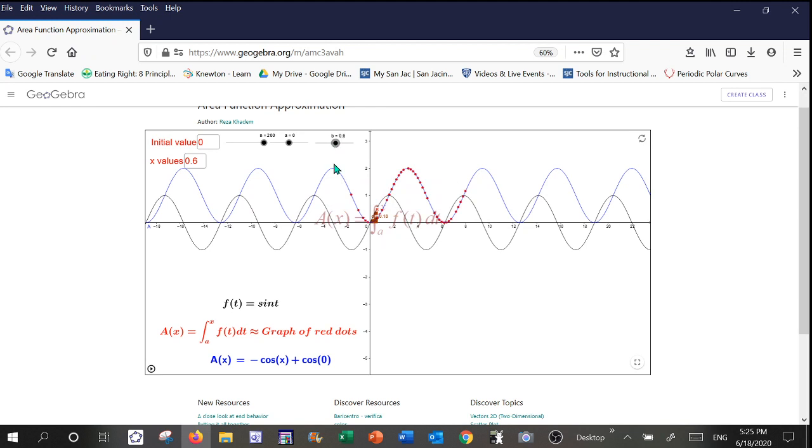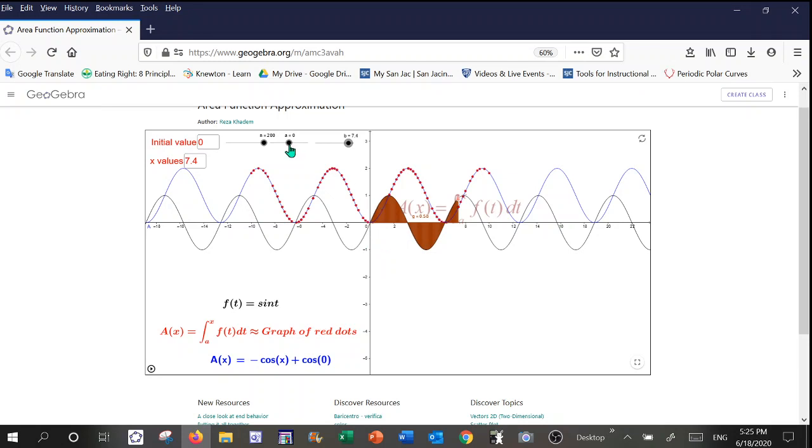What is cosine 0? Cosine 0 is 1. So that means the antiderivative, the red one created by the red dots, is the antiderivative when a equals 0, so c equals 1. That means the antiderivative, which is the negative cosine function, has moved up by 1 unit. Okay, that's what it means.